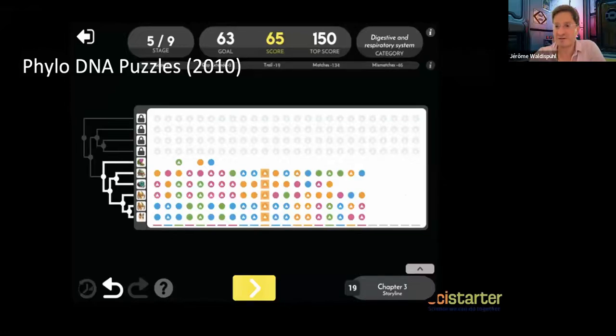Here you have an example of the first game that we launched in 2010, which we called Phylo. Phylo is a small puzzle, a bit like Tetris. I would say it's a tile-matching game, where every row represents a fragment of DNA, and you try to compare them to reveal similarities by arranging the data.